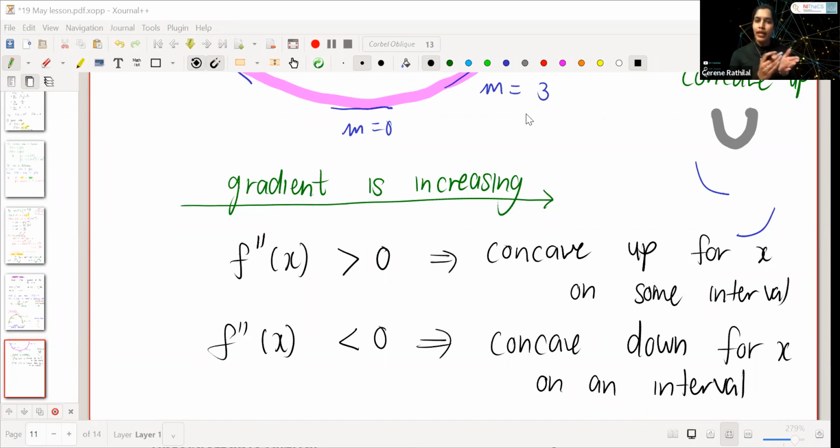And then you look at the function, and you'd be able to see when this is positive and when this is negative. Okay, and then for all those x values where the second derivative is positive, we call it concave up on that interval. And whenever the second derivative is negative, for all those x values on that interval, it'll be concave down.